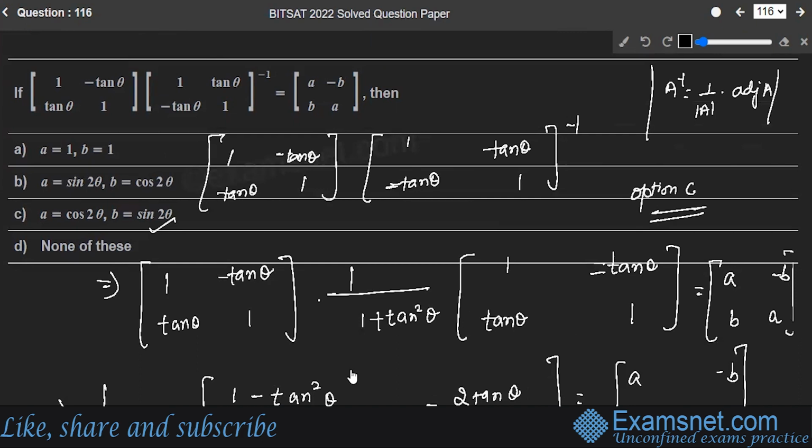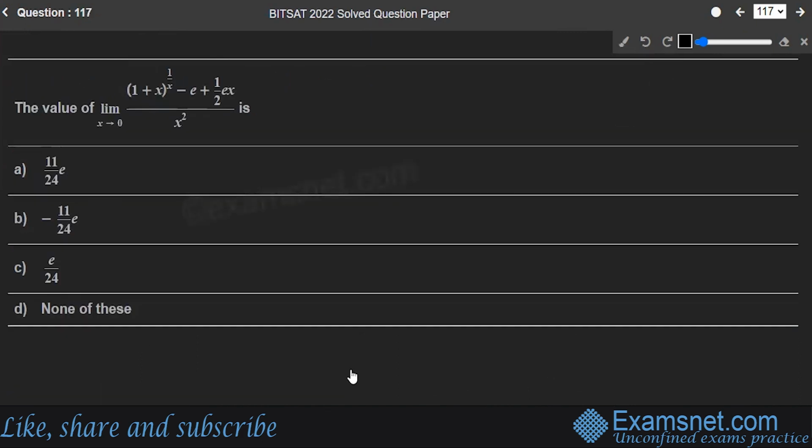Hope you understood this. Next is question number 117. The value of limit this is equal to. Okay. So you have 1 plus x raised to power 1 by x minus e into this plus whole of this. I'll start solving first. 1 plus x raised to power 1 by x. Let's say this is equal to y.